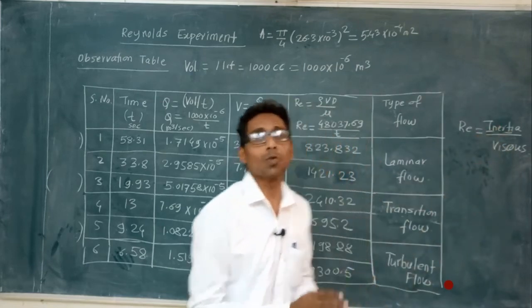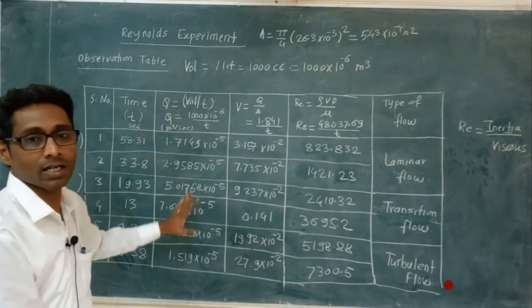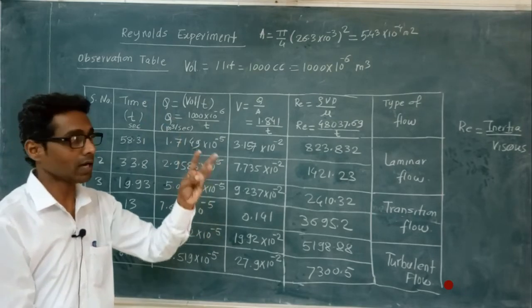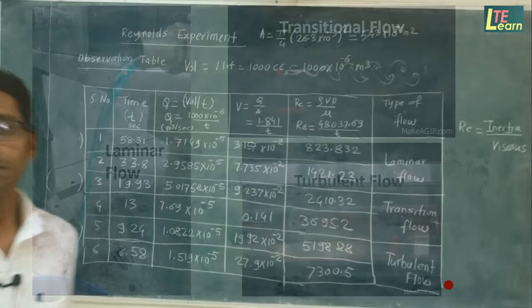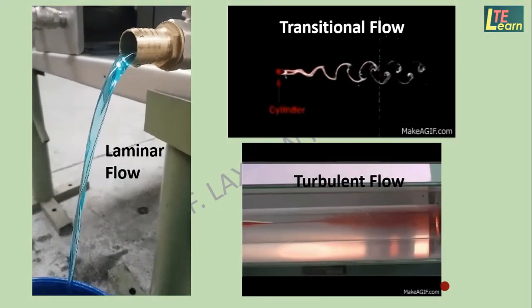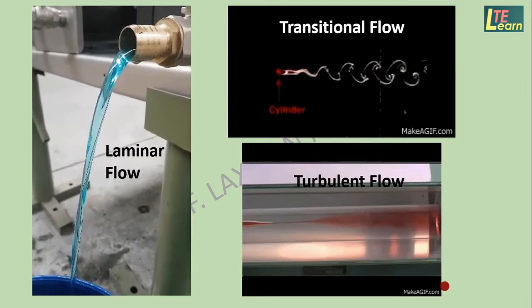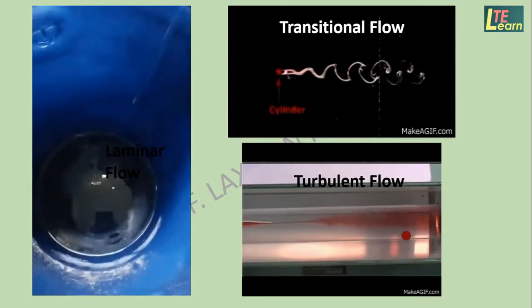Okay, so this is the outcome of the Reynolds experiment: recognition of the type of flow, laminar, transition, turbulent. At the time of conducting the experiment, the dye filament could not pass through the needle, so we can see it here with the help of GIF files.